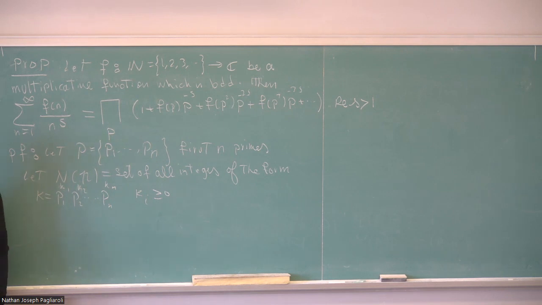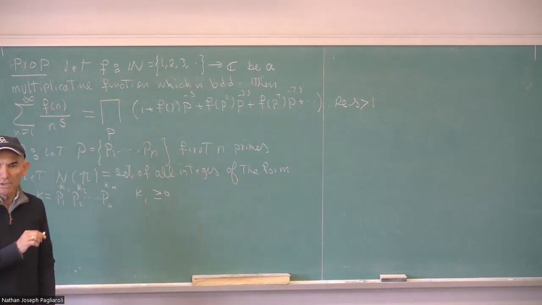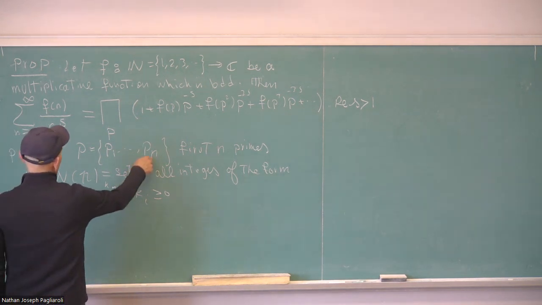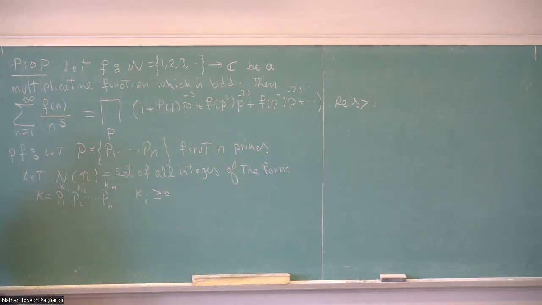So all integers in whose decomposition only these first n primes are used. And I'm going to let n go to infinity.